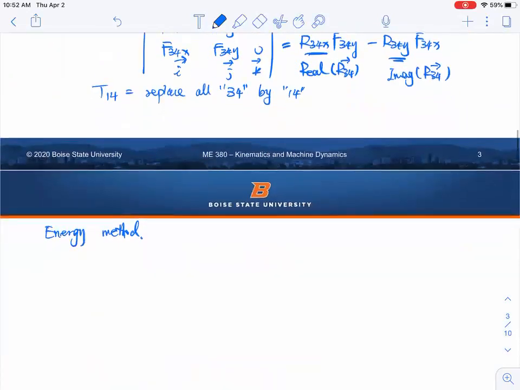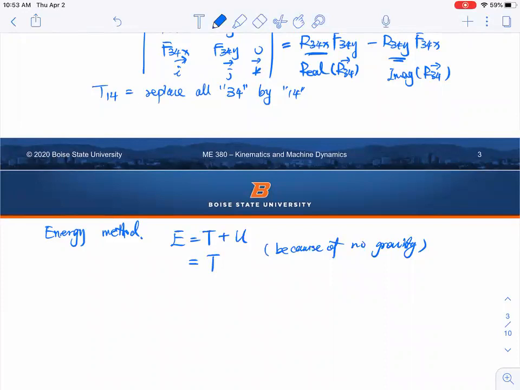Because we have 3 rotating links, your total energy E equals T plus U is always the same. And then we ignore gravity. There is no spring force. So in this case, your E is directly T because of no gravity. That's the only reason why you can ignore gravity.